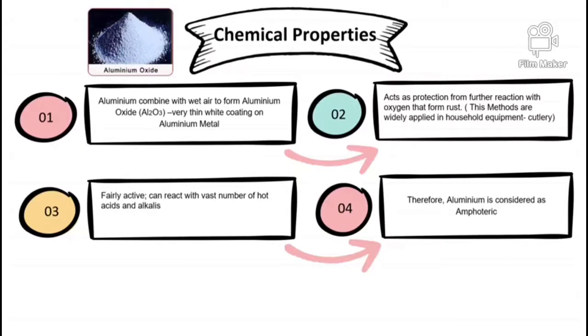It acts as protection from further reaction with oxygen, which can form rust that is unusable in our daily life. This is widely applied in our household equipment, especially in cutlery. It is also fairly active, which can react with a vast number of hot acids and alkalis. Therefore, it can be considered as amphoteric.